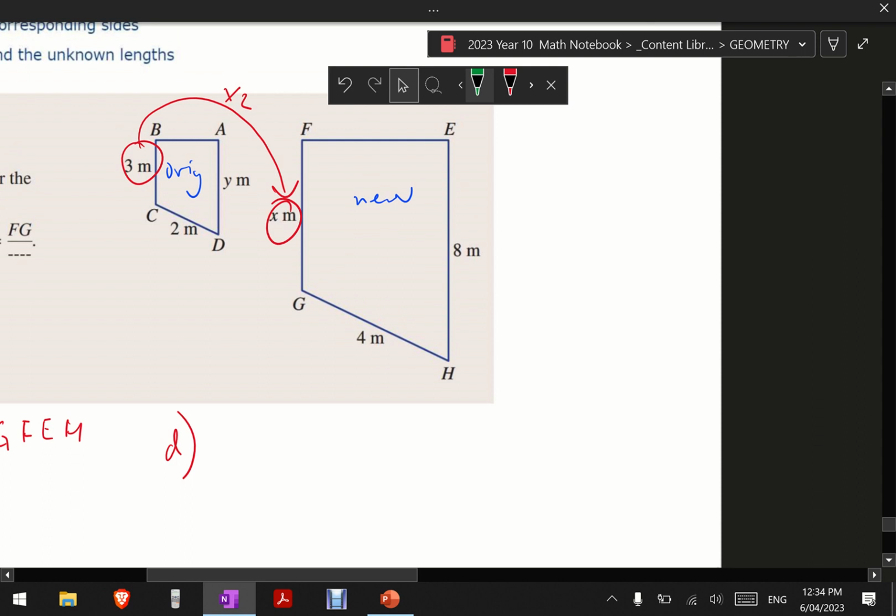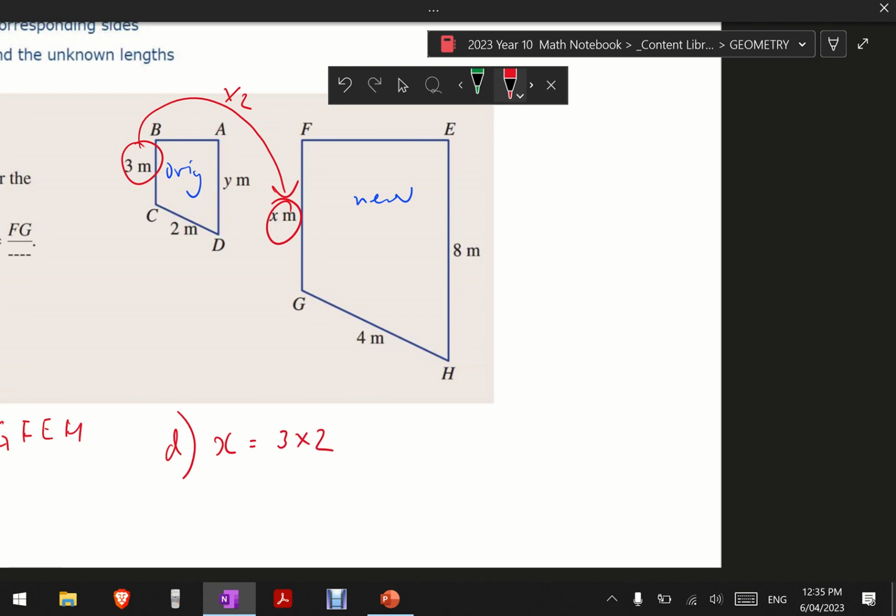So X is going to be equal to 3 times 2, because it's that corresponding side times the scale factor of 2. Therefore, X is 6 meters. Sorry, meters, my bad.